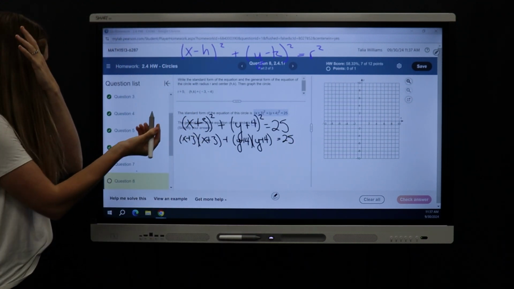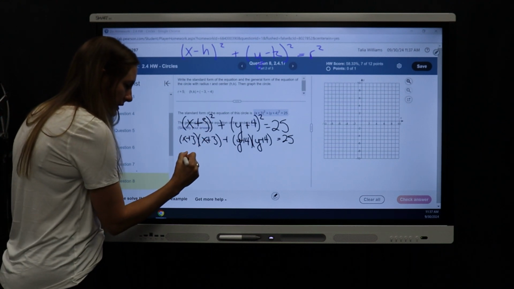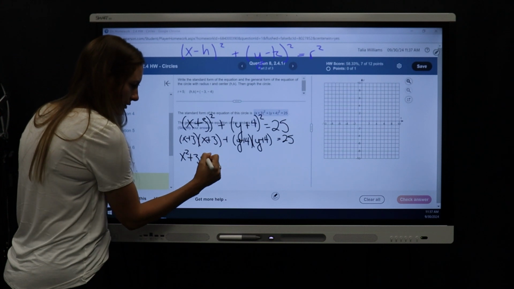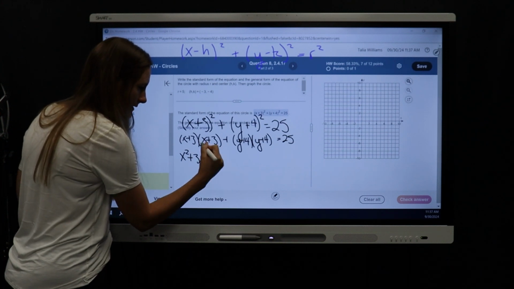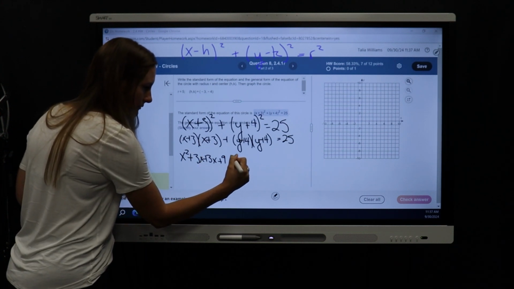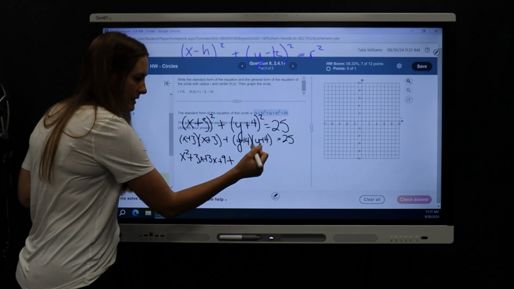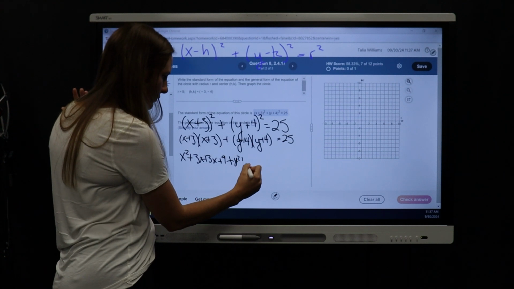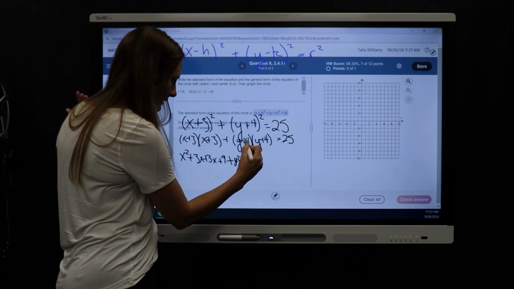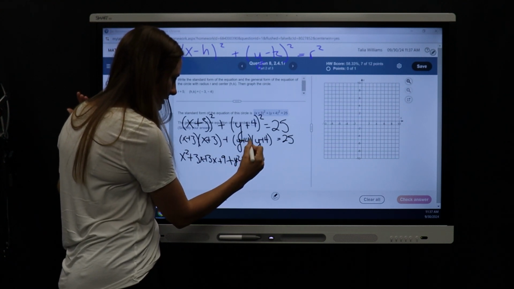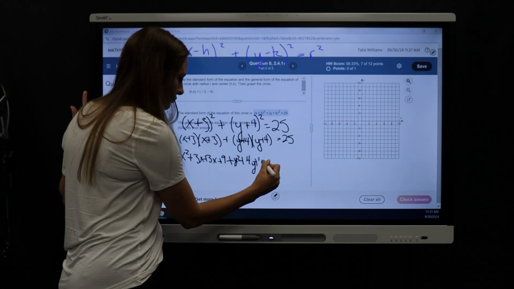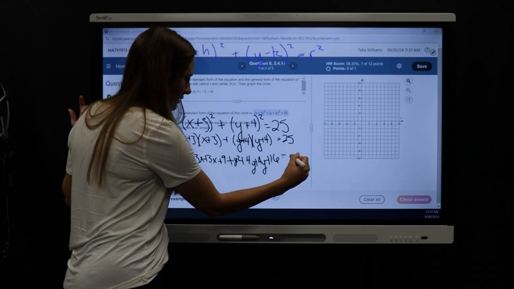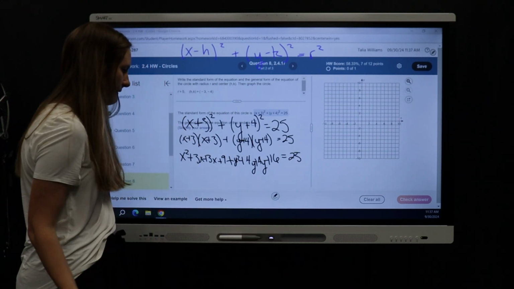So let's go. x times x gives us x squared. x times 3 is 3x. 3 times x is 3x. 3 times 3 is 9. Plus y times y is y squared. y times 4 is 4y. 4 times y is 4y. 4 times 4 is 16, and all of this equals 25.